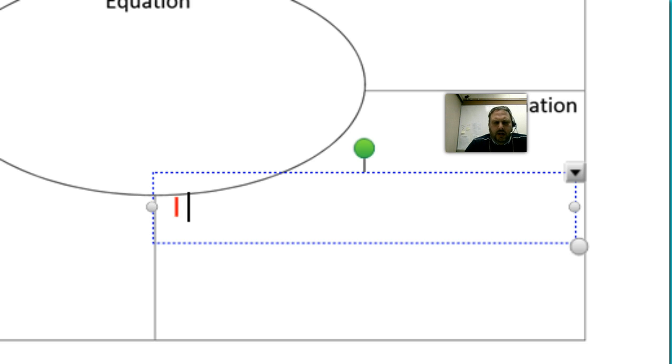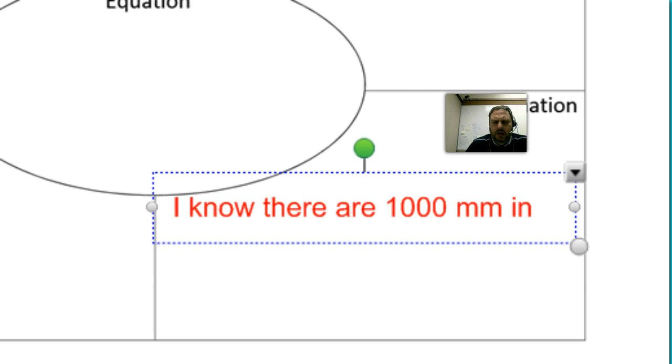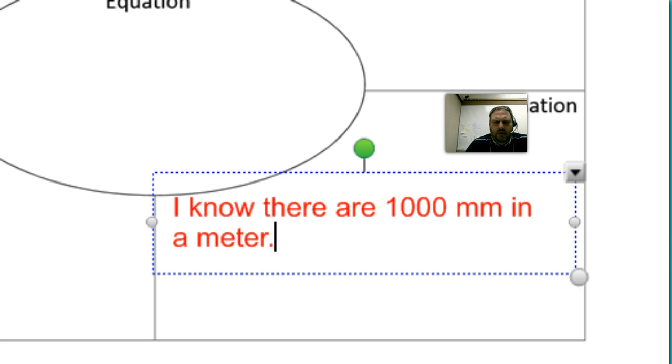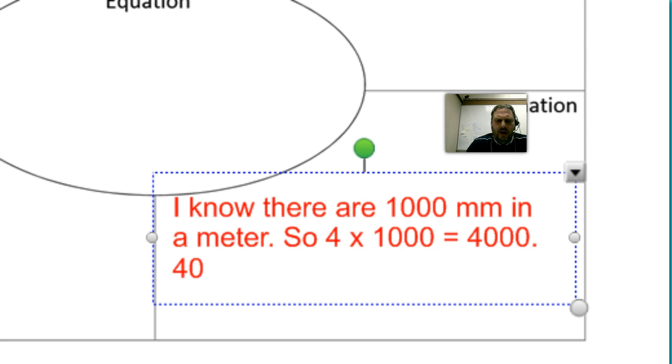I know there are 1,000 millimeters in a meter. So 4 times 1,000 equals 4,000. So my final answer is 4,000 millimeters.